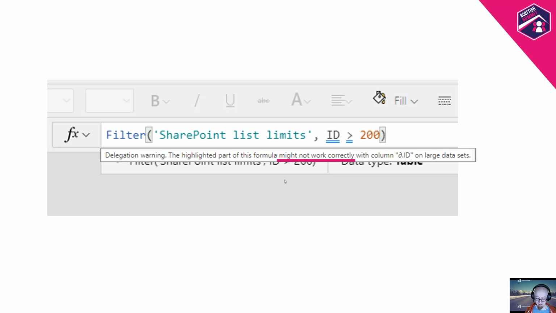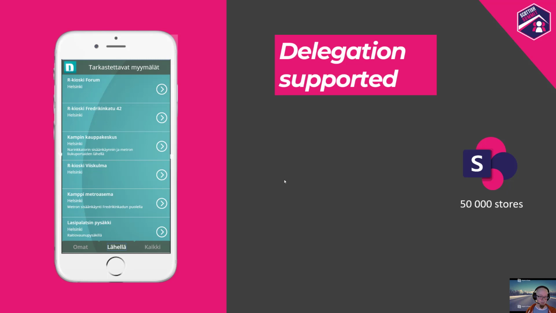The first thing we need to do is understand what this delegation actually is, and let's go through it with this simple example. Here I have my Canvas Power Apps. It shows stores located all over the place, and all these items are stored in one big SharePoint list. There are 50,000 items stored in that SharePoint list, and now we would like to show in our application all the stores that are located in Helsinki.